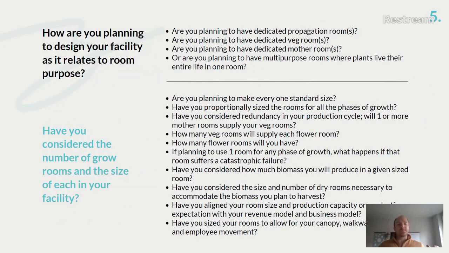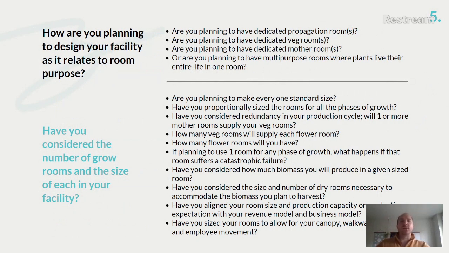Last piece to this, or just two more pieces, which are, if you understand what size your rooms are and what's going to be going on in them, you can then make sure that you're allowing for all of your appropriate walkways, your employee movement, and ultimately your ventilation. So often I've seen people make the mistake of taking a room and just cramming as much canopy in there as possible, which adds tremendous stress on the equipment that you have to run for your temperature and your humidity.